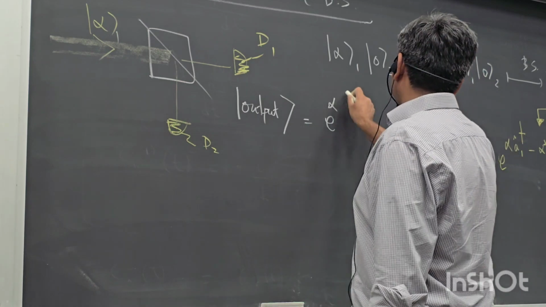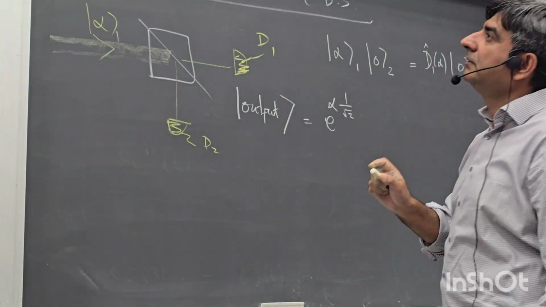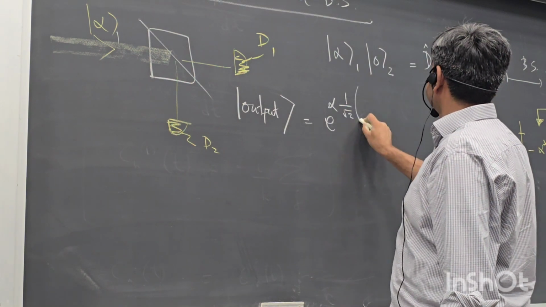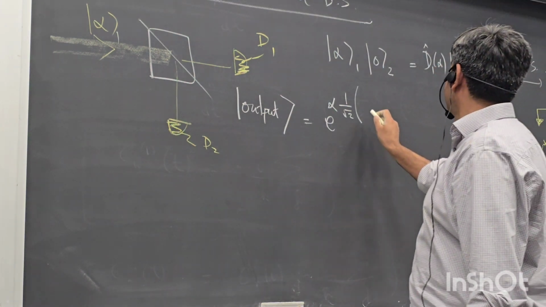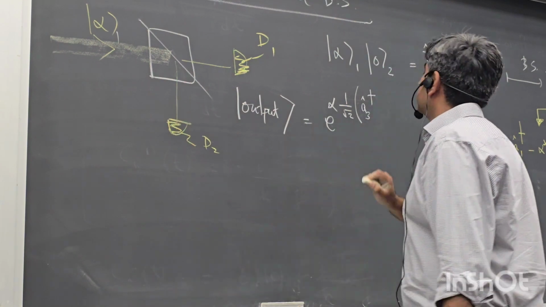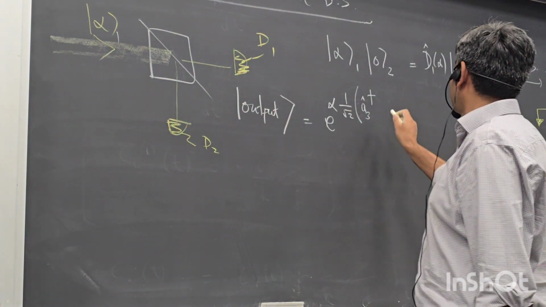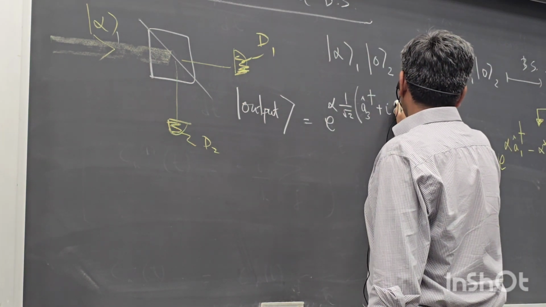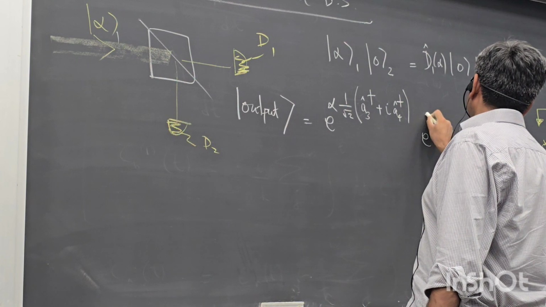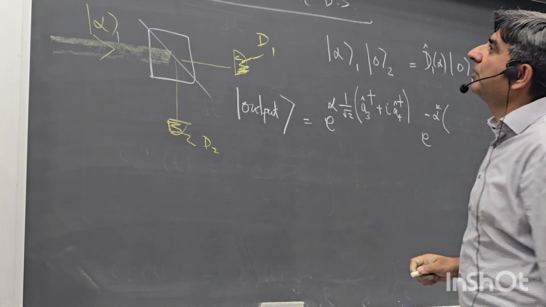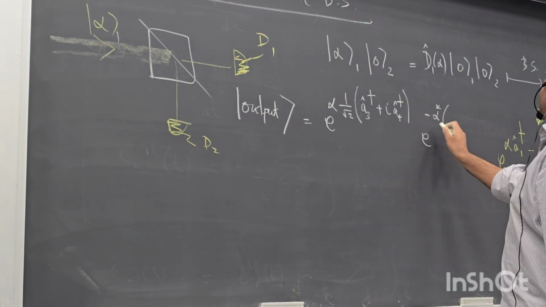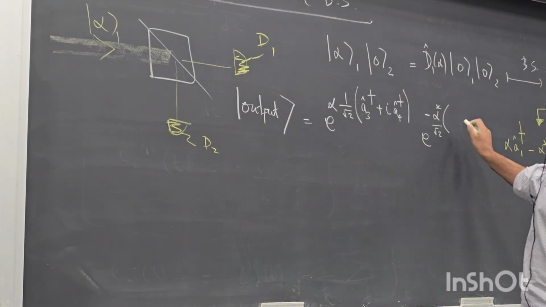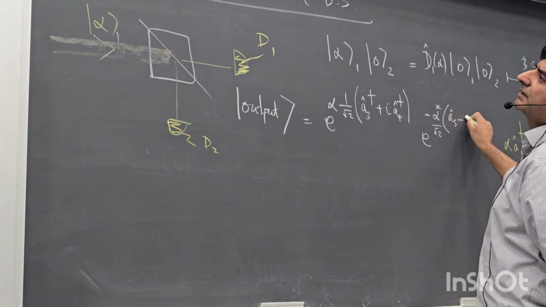It's in the exponent, 1 over root 2, A3 dagger plus iota A4 dagger, times e to the minus alpha star A1, 1 over root 2, A3 minus iota A4.